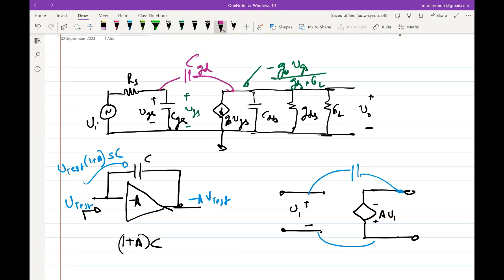However, we saw that there is a critical difference between the traditional structures of the Miller effect and the structure that we are dealing with. And what is the difference? Right. Voltage controlled voltage source and voltage controlled current source.